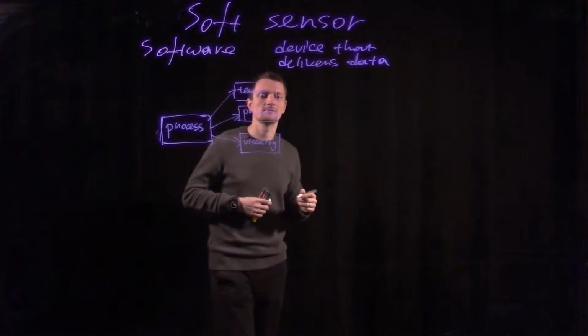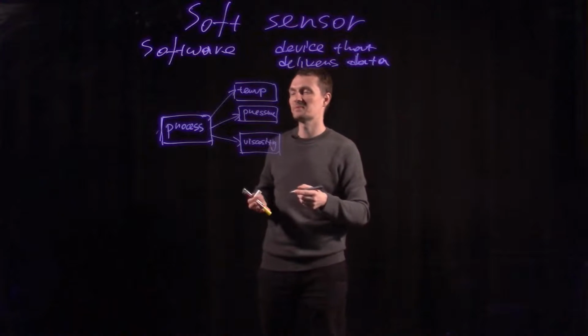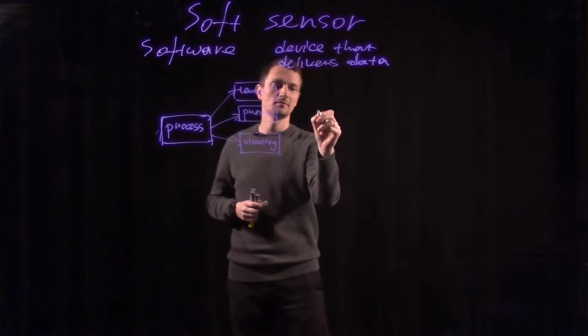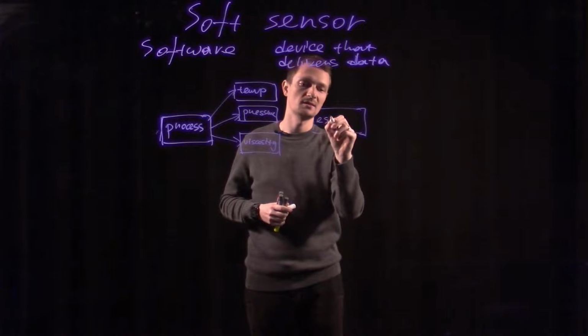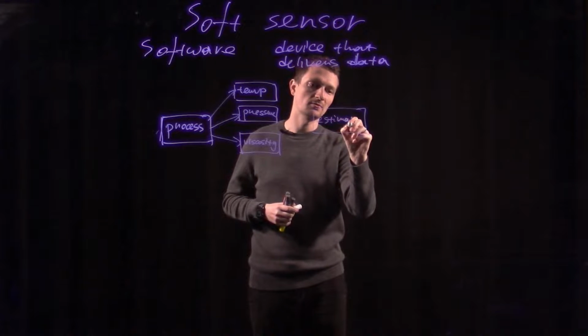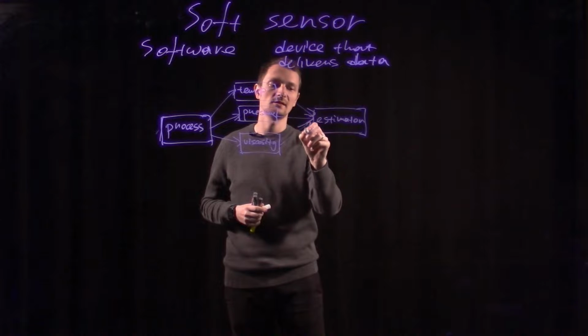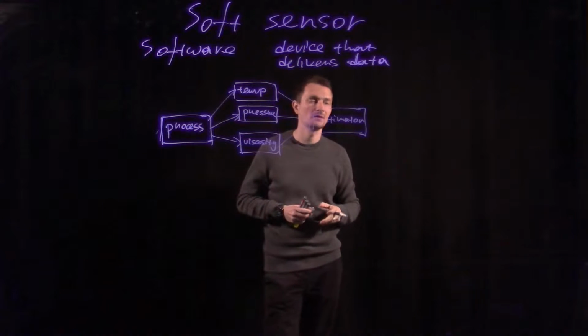These process values we can use to build a model. So it might be a first principle model, it might be a data-driven model. At the end, we would like to have this model, or in other words, we can name it an estimator, because we would like to estimate the parameter. We cannot measure it, but we can estimate it based on the parameters we can measure.